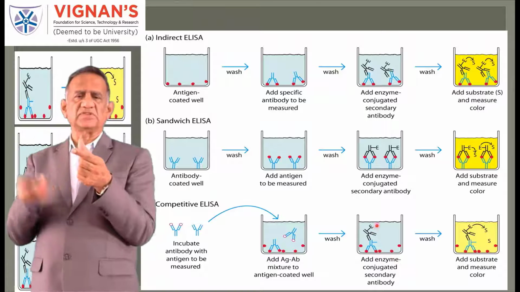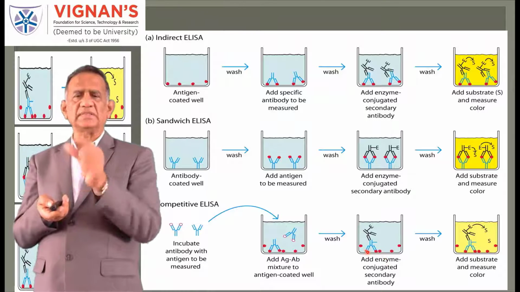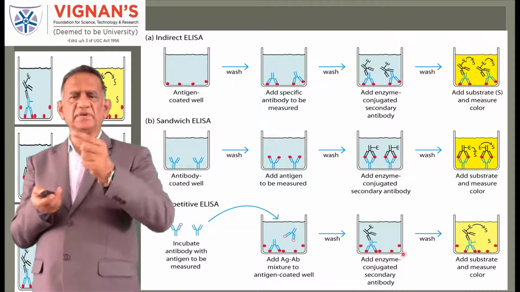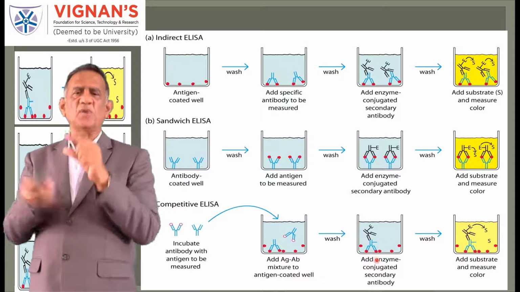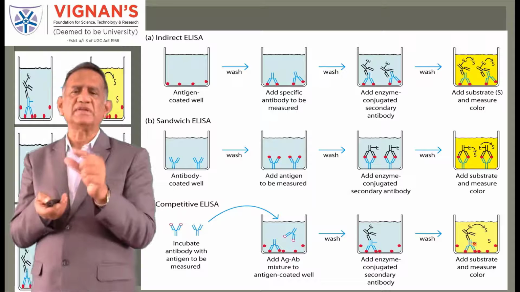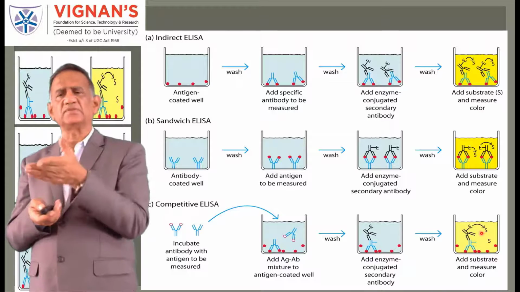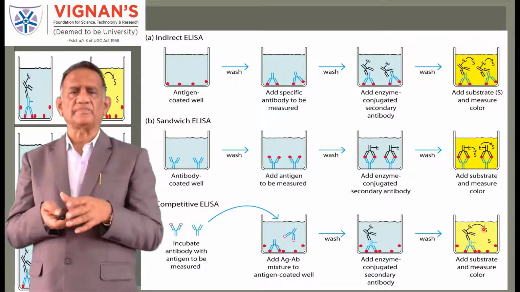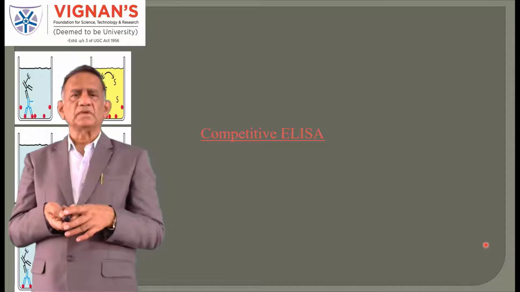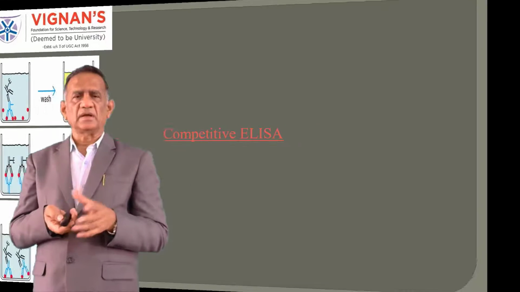Later we add the serum containing these antibodies and they will bind. So there is a sort of competition among the capturing antibodies. As a result, how much of the serum antibodies bound here is estimated through the detecting antibody, again with the same TMB. So this procedure we will get to know soon. Now the competitive ELISA is the last one we are showing.